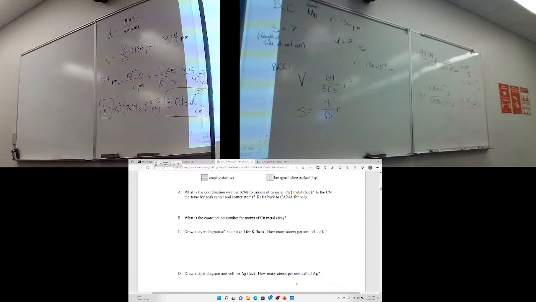The coordination number is the number of atoms that any atom touches. So for body center cubic, that center one is nearest to the 4 on top and the 4 on the bottom. And even though it's harder to see, if you look at the corner atoms, they also touch the other atoms too.